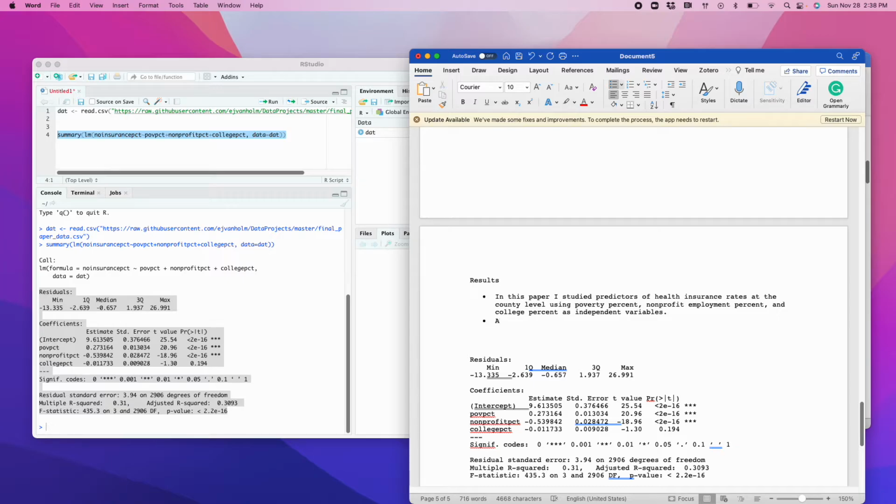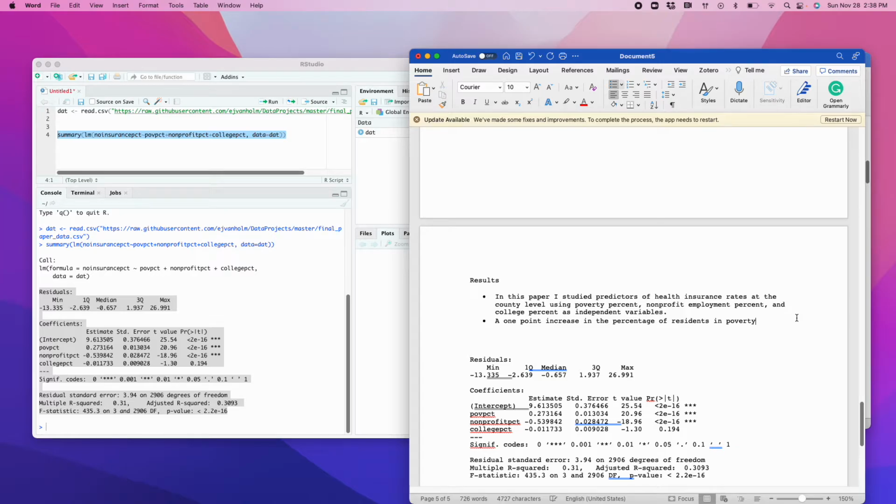And I'm going to follow that really formulaically in this paper. So first we're going to do this line on poverty. We'll do all three of the variables individually.